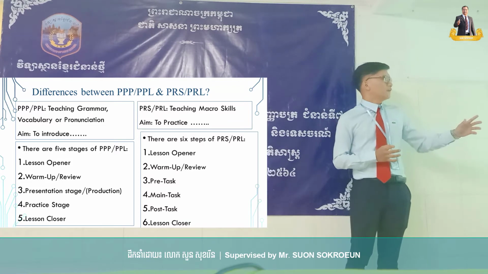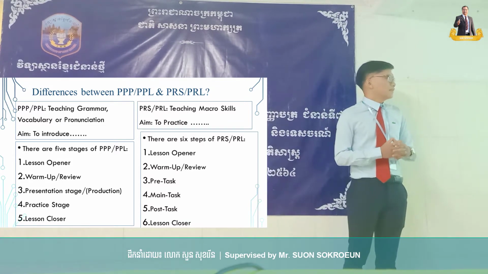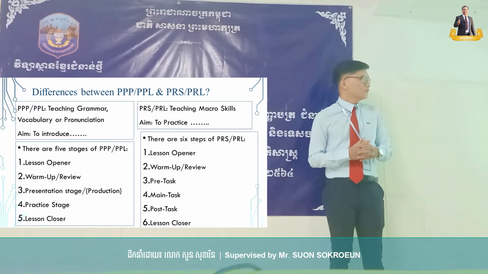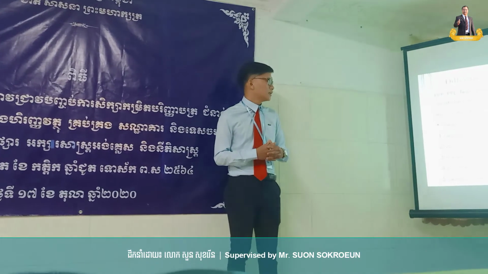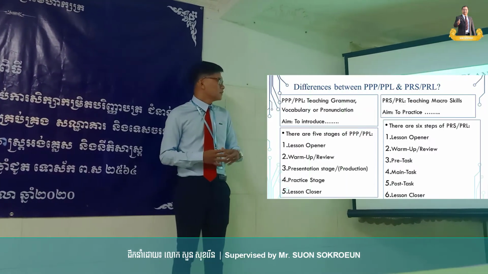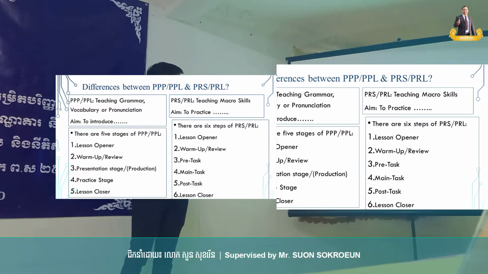And PLS or PLL is different from PPP. The first and second stages are the same as PPP. The third is pre-task, the fourth is main task, the fifth is post-task, and the sixth is lesson closer. Now the points in PPP are as follows.